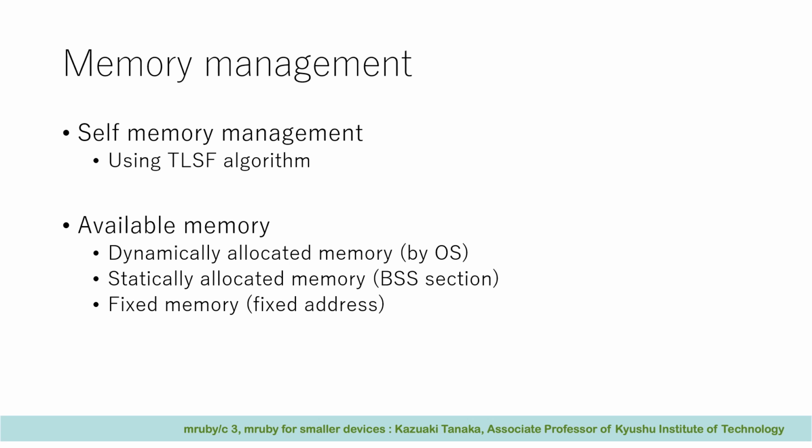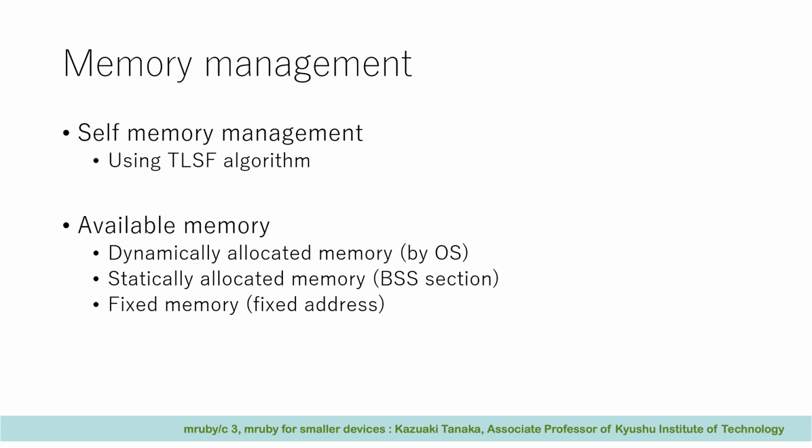And fixed memory, this means RAM is fixed and address is fixed. So a constant address is necessary for the initialization and so on. So mruby/C is supporting several types of memory allocation.